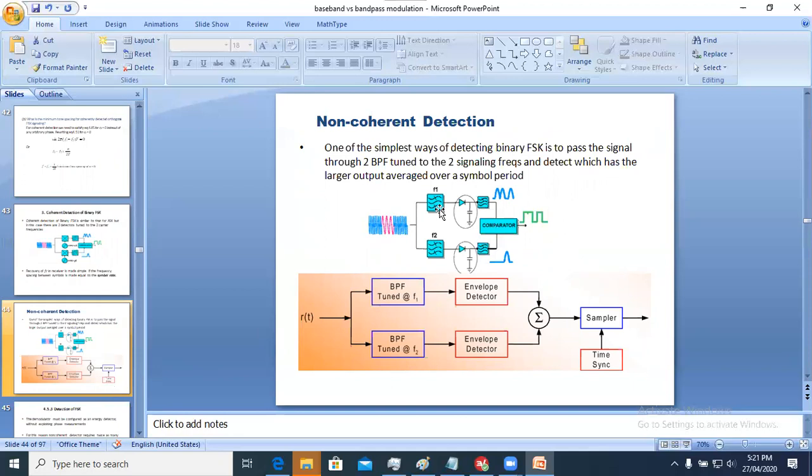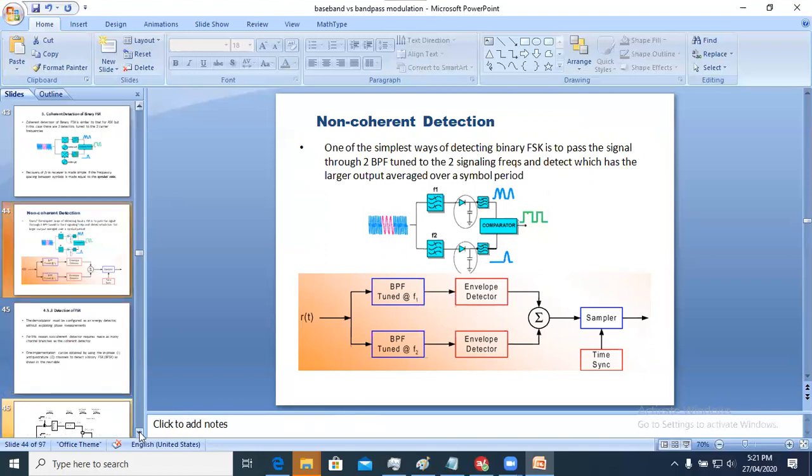We have the band pass filter, the envelope detector, the matched filter, and the comparator stage to compare the output of the two envelopes. This is what we are doing in non-coherent detection. Here again, we use as many branches as the number of symbols we are using in FSK.